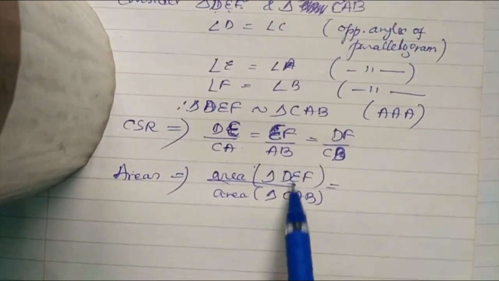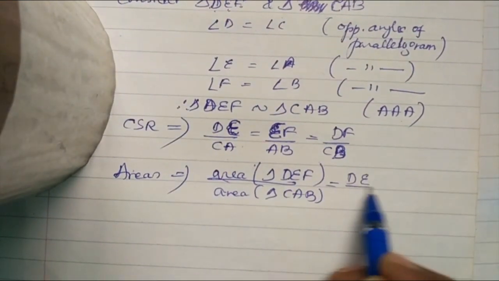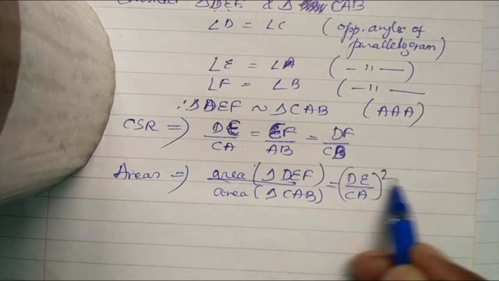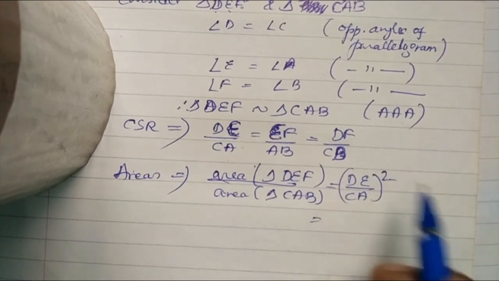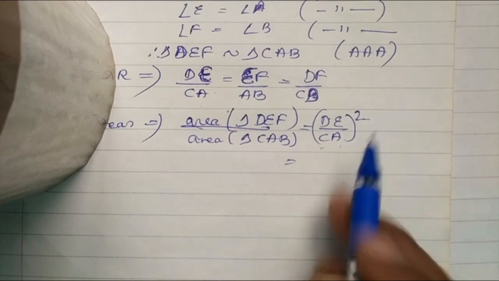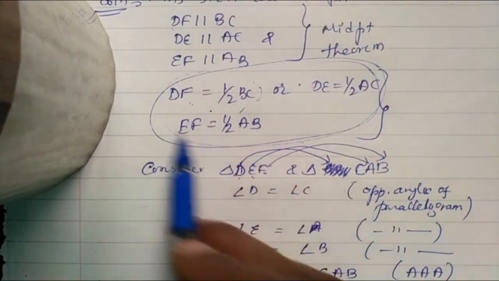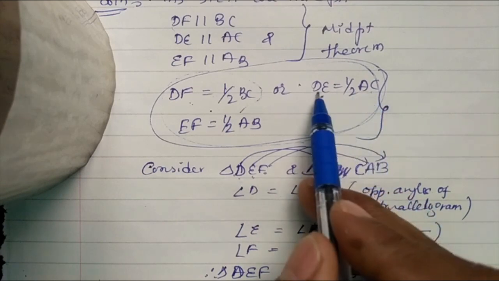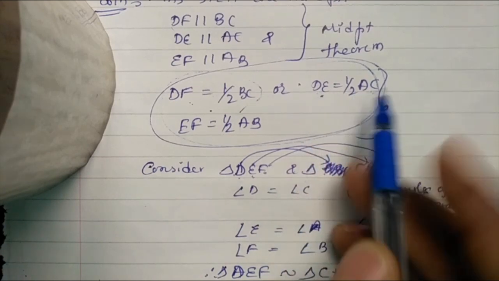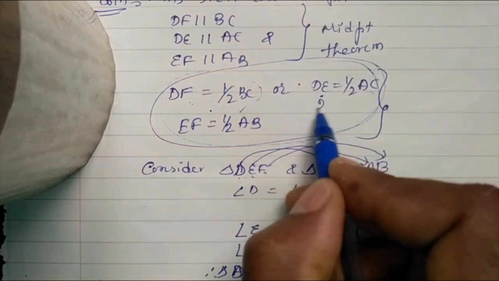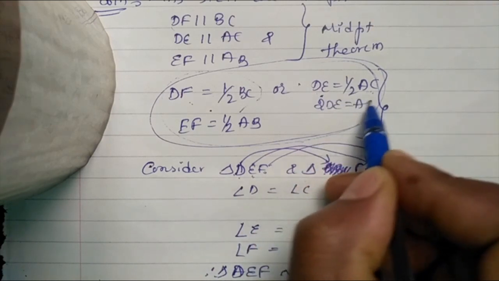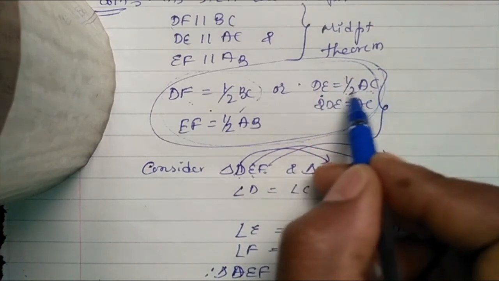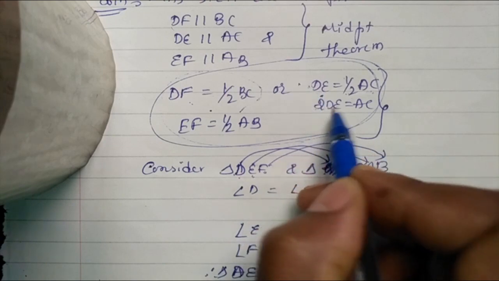Select the first, DE by CA, whole square, right? Don't forget to put the square for the area. DE by CA. We already got here that DE is equal to half of AC. Or cross multiplied, 2DE is equal to AC.